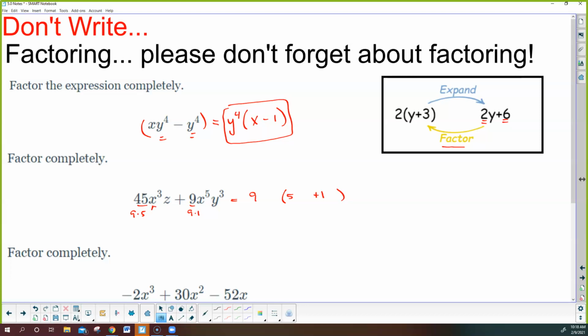I also have an x to the 3rd and an x to the 5th. So I can take away at most x to the 3rd from both of these. And if I take away an x to the 3rd, that means 2 of them are left over here. So I'll have an x squared. And then there is no z in this term, so that z has to stay. And there is no y in the first portion. And that is as far as I can take this one.